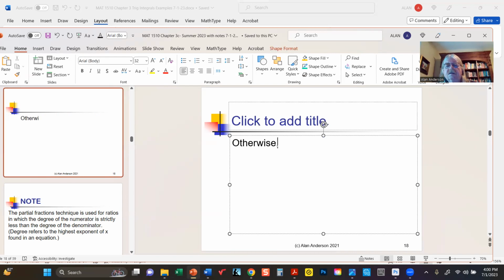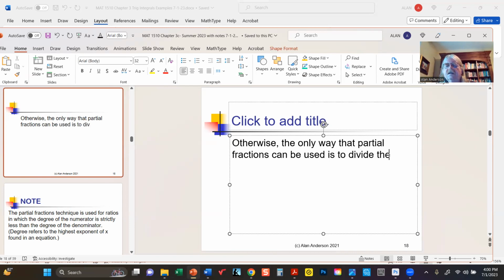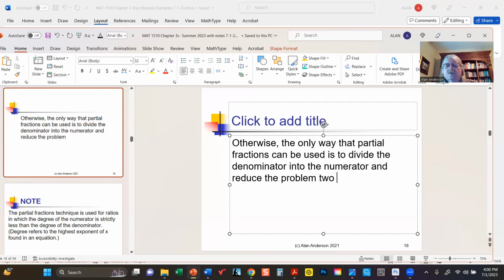Otherwise, the only way that partial fractions can be used is to divide the denominator into the numerator and reduce the problem to 2 or more terms, none of which have a higher degree.